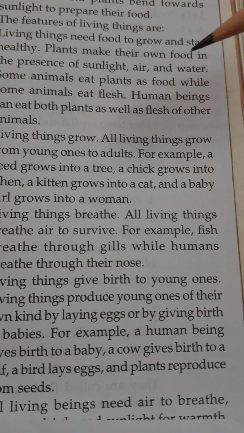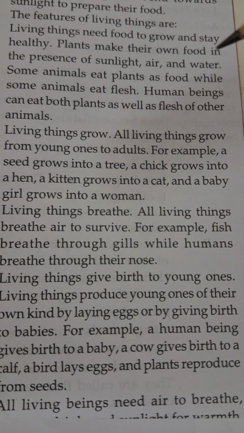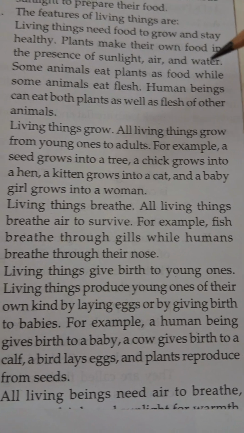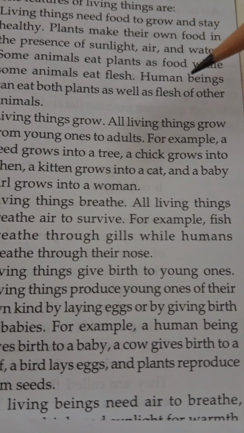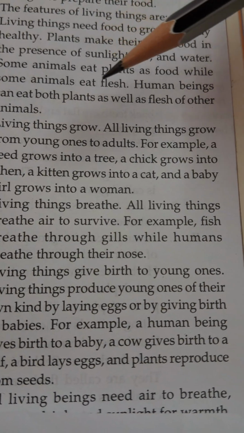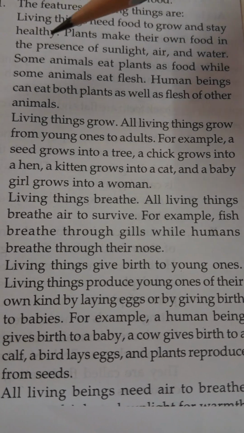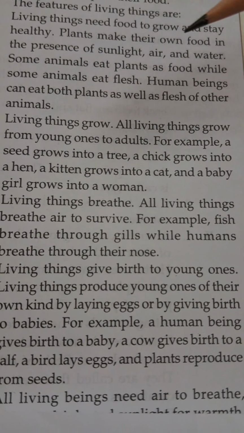Plants make their own food in the presence of sunlight, air, and water. Some animals eat plants as food while some animals eat flesh also, isn't it? Human beings can eat both plants as well as flesh of other animals. This is about living things need food.